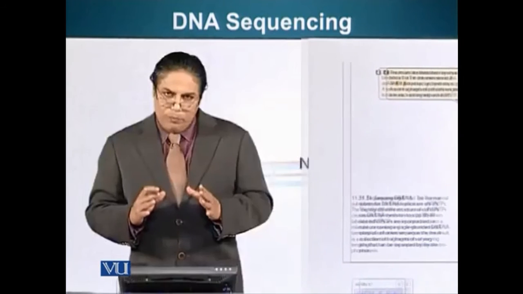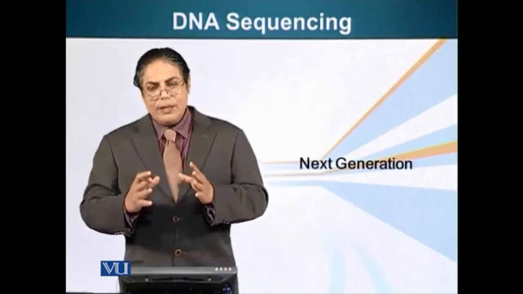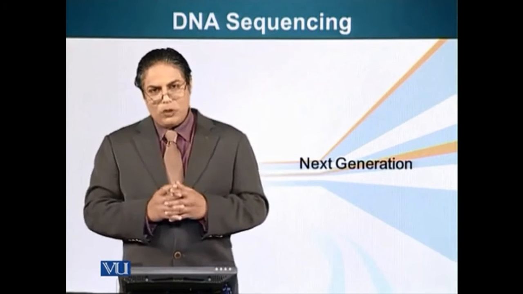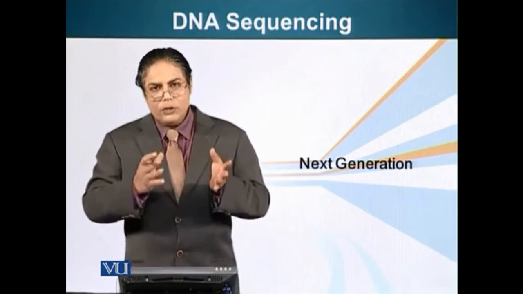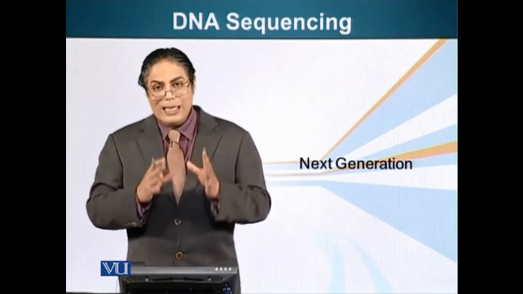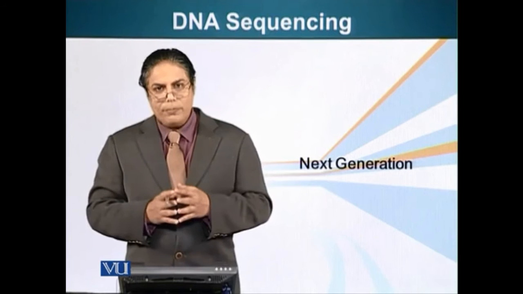Here I feel it is pertinent to mention that now things have changed a little bit. As I mentioned at the start of this module, it took $2.7 billion and 13 years to sequence completely the human genome.